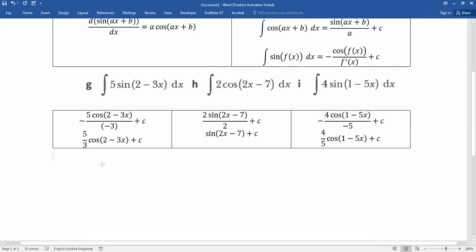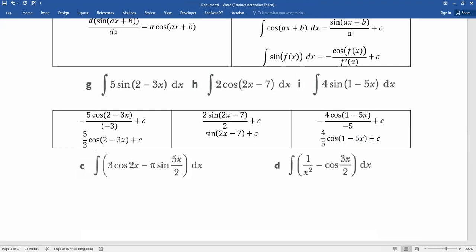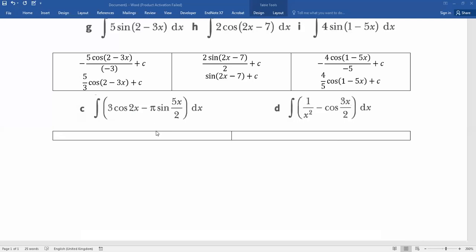Okay, now a few more questions from question 2, part C and D. So we know when things are adding or subtracting, we integrate them individually. Don't be confused about this pi. Pi is just a constant. You had 3 being multiplied here as a constant, 5 and 2 in the previous parts as well. So pi is just a constant.